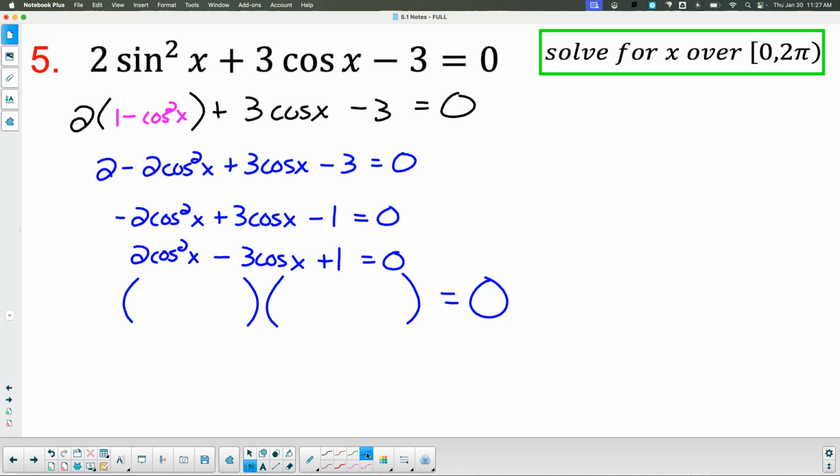It's like an onion. Because factoring also makes you cry. I get it. All right, so let's factor this one. In my brain, I'm thinking 2y squared minus 3y plus 1, and I want to factor it.